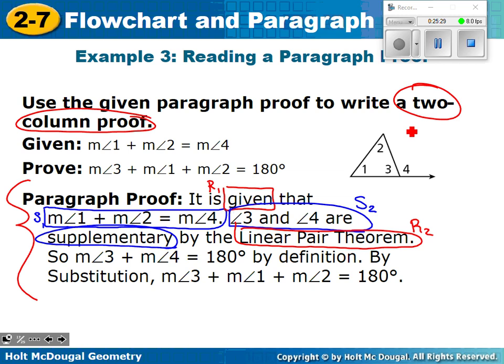How did they know that? It wasn't given. So where did they get that from? The picture. If you look at the picture, do you notice that 3 and 4 form a straight line? Okay, if we were writing this proof, I would make you put a step in between 1 and 2 that says angle 3 and angle 4 are a linear pair.